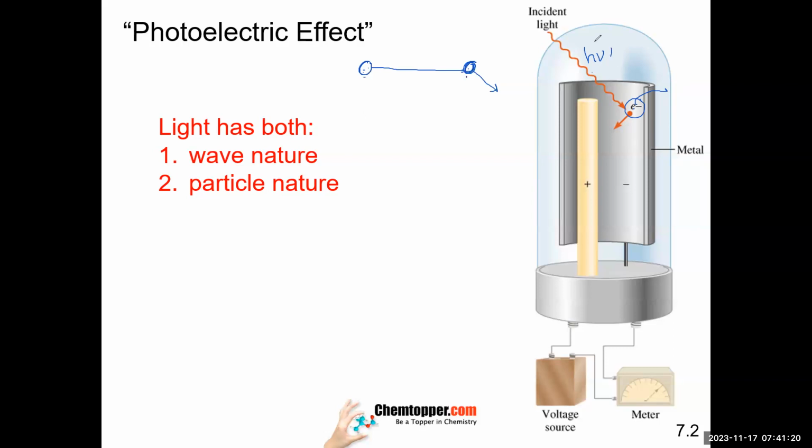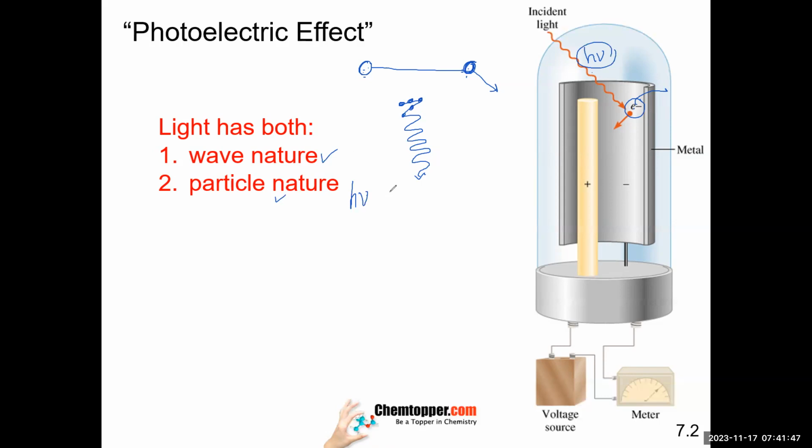So it means light is also like a particle. This was proved by Einstein, that light has both natures. It has a wave character, moving like a wave, and it has a particle character. And what are the particles here? Photons. These are the particles, hν.